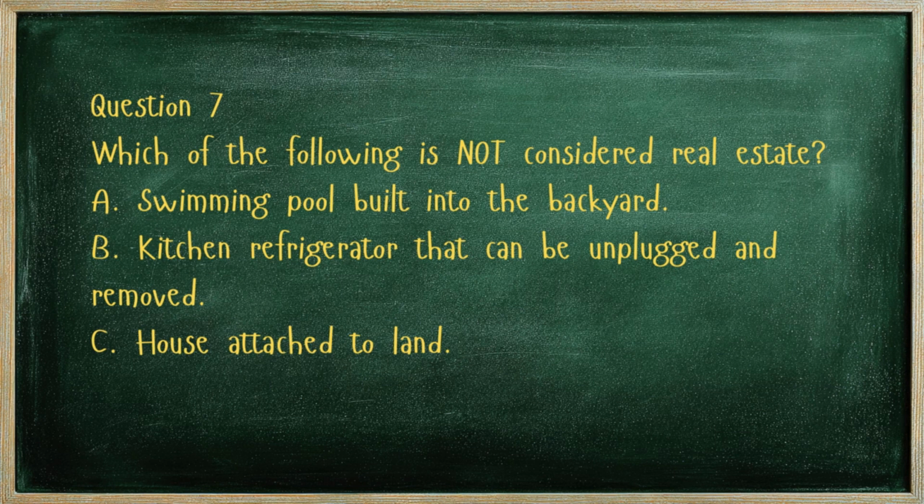Question number 7. Which of the following is not considered real estate? A, swimming pool built into the backyard. B, kitchen refrigerator that can be unplugged and removed. C, house attached to land. The answer is B, kitchen refrigerator that can be unplugged and removed.